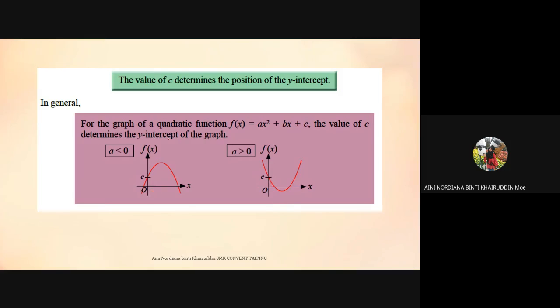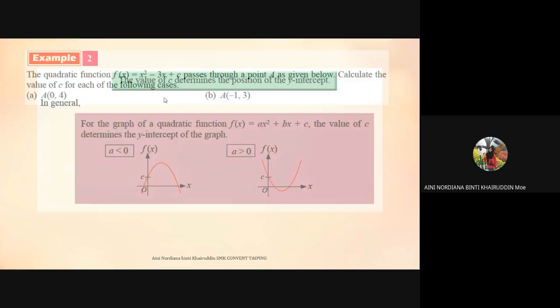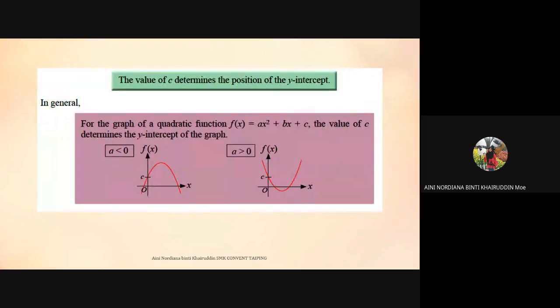Cuma in form 3 you belajar to find the equation of straight line. Tajuk pun straight line kan. So you hanya belajar equation of straight line. Maksudnya kalau you ingat lagi lah, y equals to mx plus c.